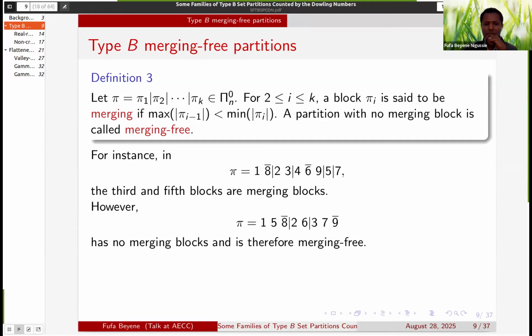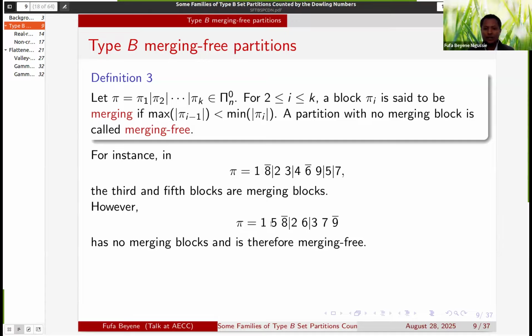So if you take pi, this partition, you can see that the third block, this one, is merging. Why? The maximal element here is less than the minimal element here. And the fifth block is also merging because the maximal here is less than the minimal here. So these two blocks, the third and the fifth, are merging blocks.